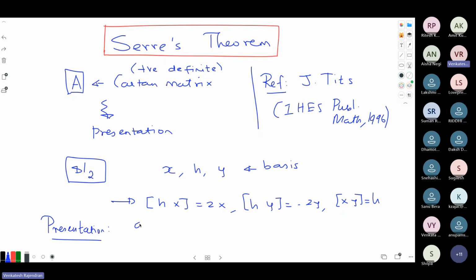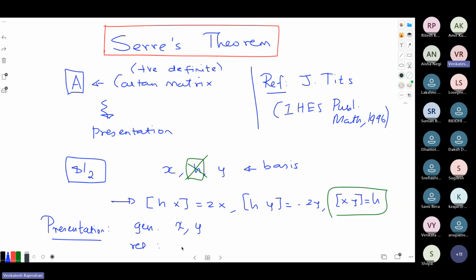You take this Lie algebra, and the only thing is I can drop this h, because it is the bracket of x and y. So it is generated by x, y, with the relation.